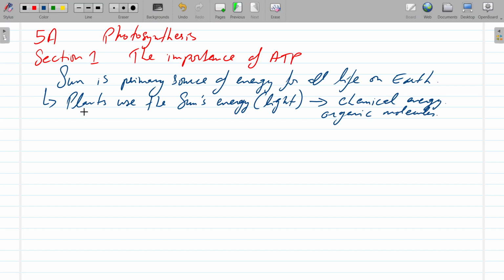And because they can do that, plants are called autotrophs. Auto meaning self. So they can produce their own food source.